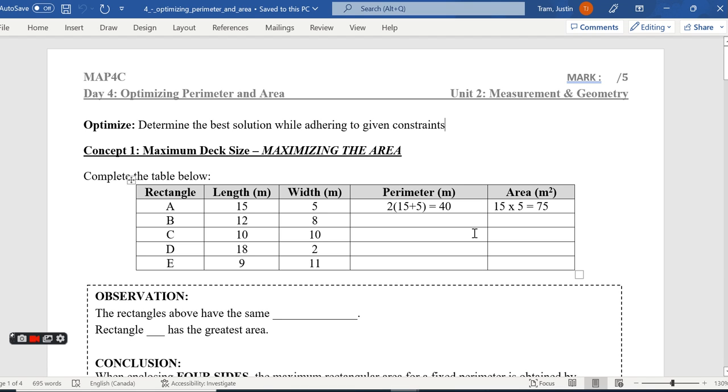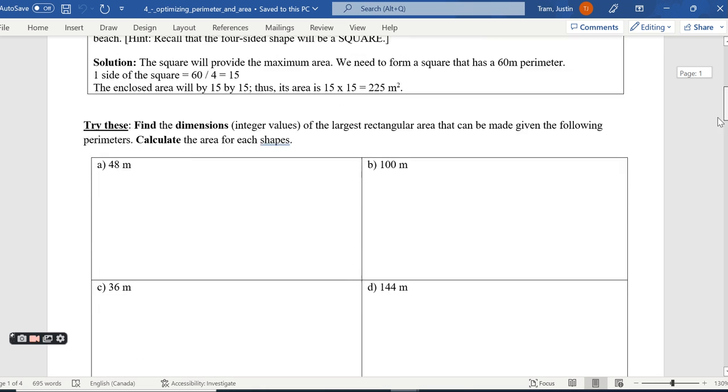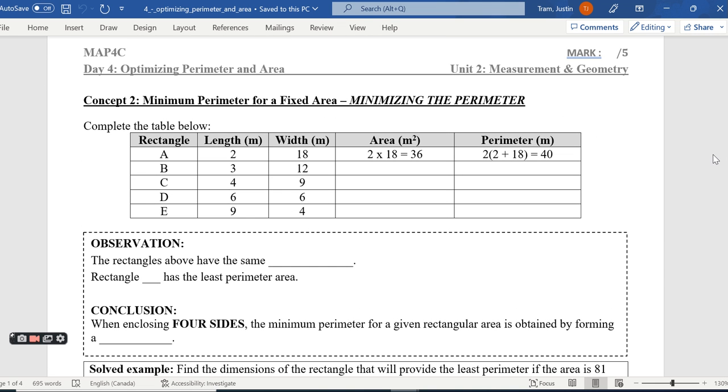So our job today is to determine the best solutions while adhering to given restraints. In other words, we're looking to optimize perimeter and area, so we want to maximize the area to find a maximum deck size, or we might want to find the minimum perimeter for a fixed area.